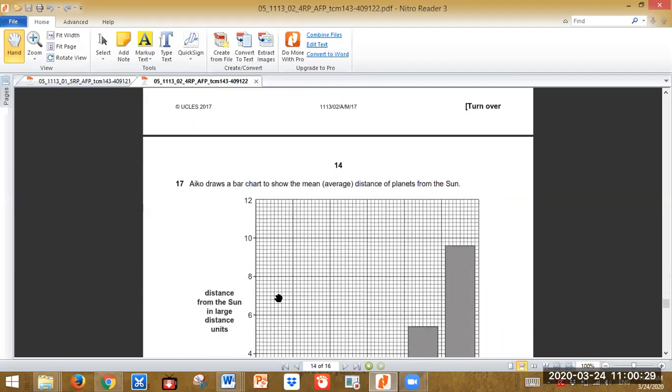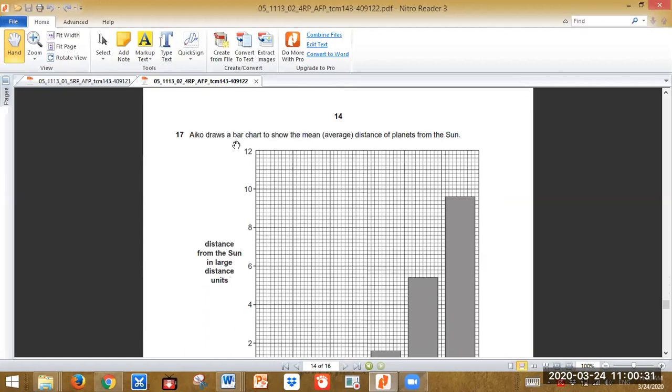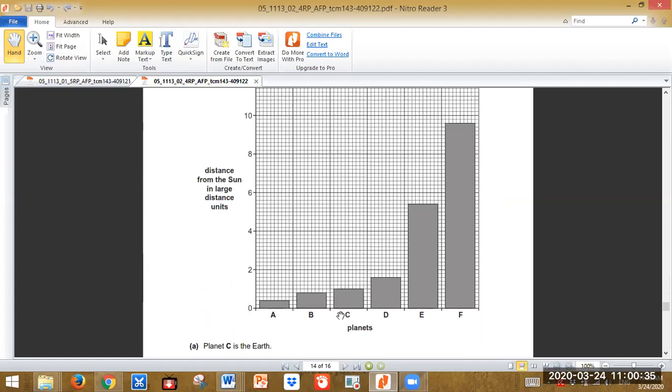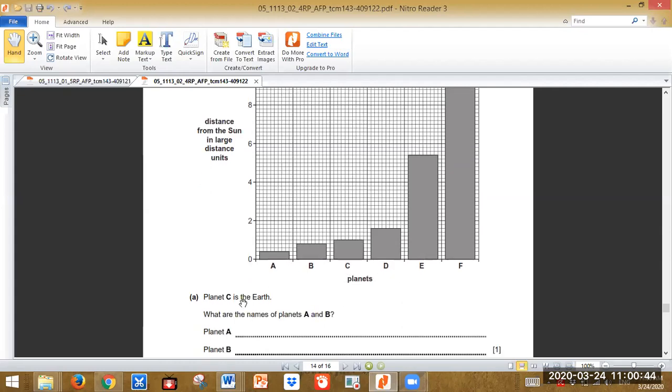I could draw the bar chart to show the mean average distance of planets from the sun. And here is the bar chart, distance from the sun in large distance units, and planets A, B, C, D, E, and F. Planet C is the Earth. What are the names of planets A and B? A will be Mercury and B will be Venus.